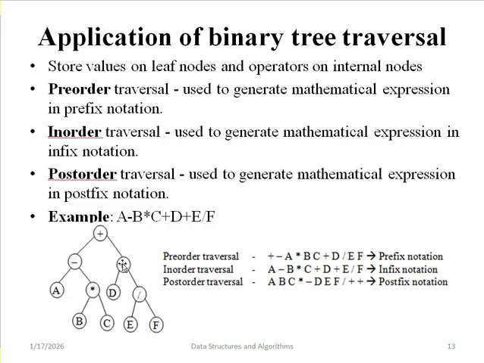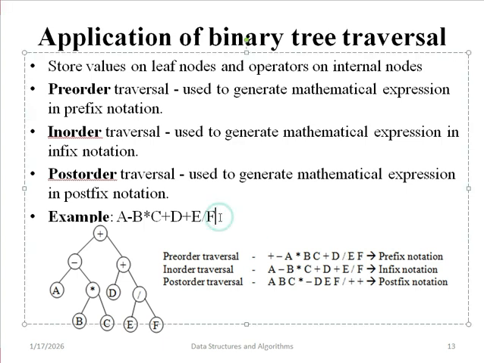This is parent, we display, then left wing D, then on the right side, this is parent, we display, then the left wing E, then F. So this is prefix, pre-order. When we apply pre-order traversal, we get this expression, and this expression is the prefix expression of this infix expression.